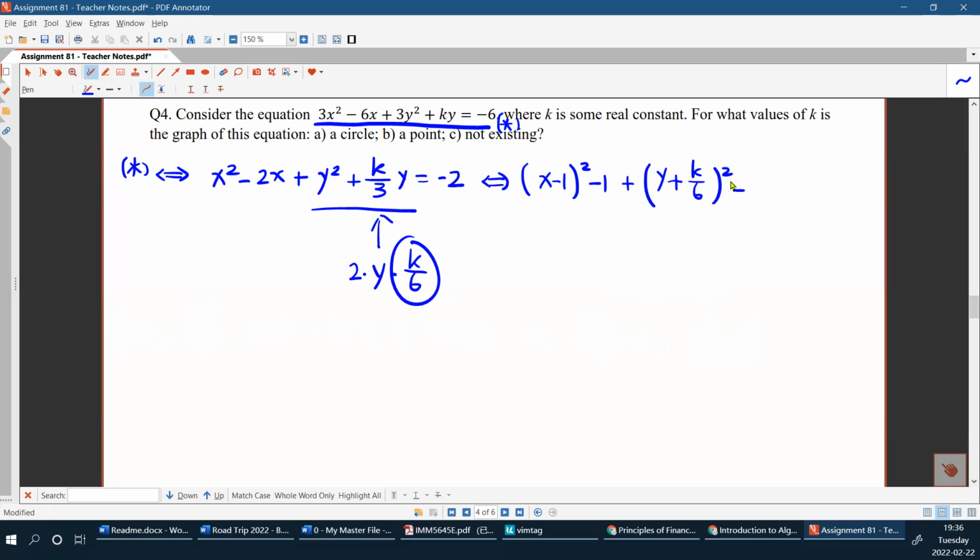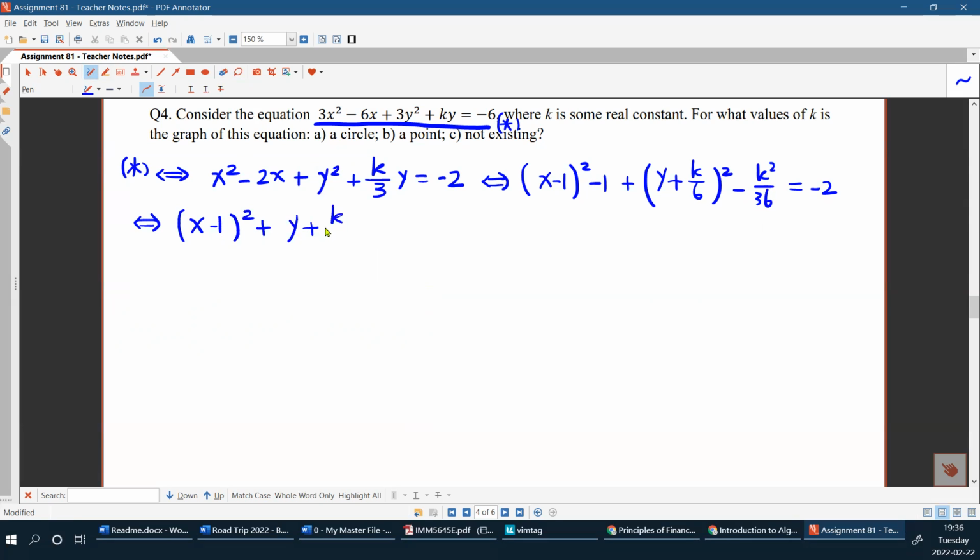And then we need to subtract k²/36, which equals -2, right?